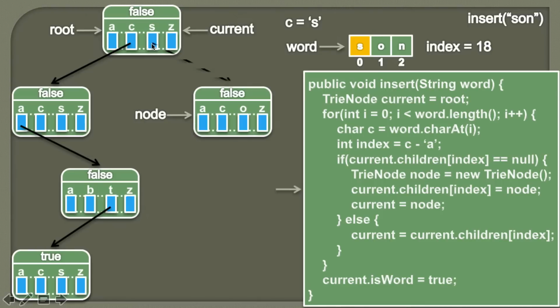So it would look something like this, that the trie node at index 18, which maps to s, now points to this newly created trie node. Moving ahead, after this assignment, we'll traverse current to this newly created trie node by assigning the value of node to current. So it would look something like this, that current will now point to this newly created trie node.